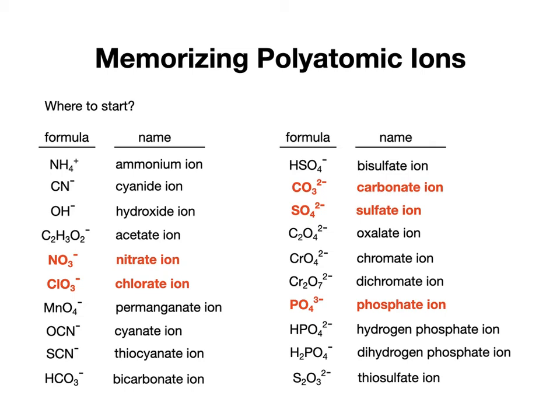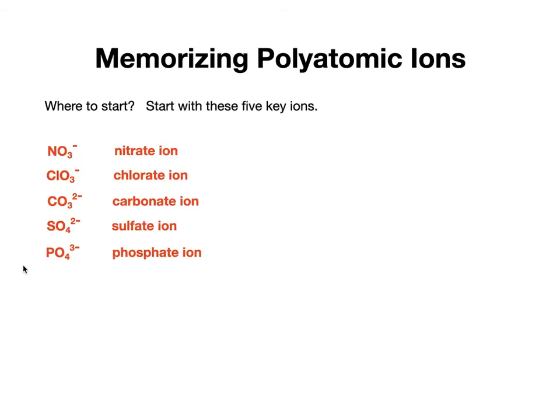If you've never had chemistry before and you're trying to learn these, I would start with these 5. We need to know all of these, but I would start with these 5. These are what I call key ions. So let's look at these just a moment, class, and let me point out some things here.